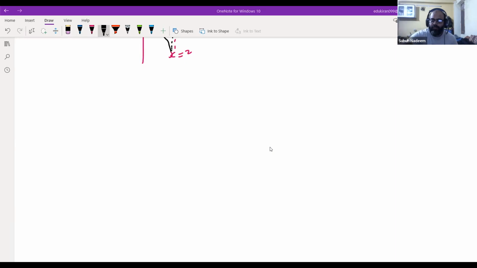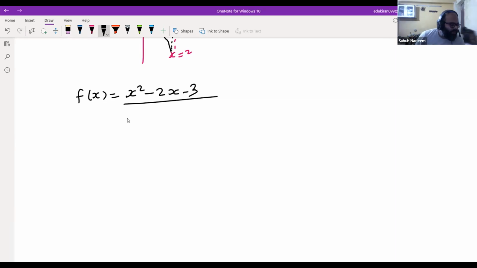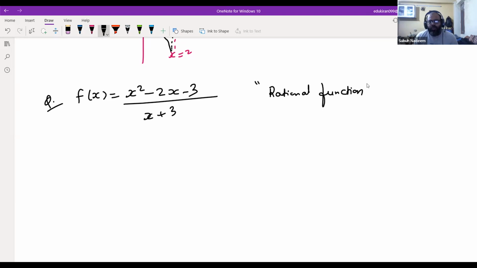Basically, x square minus 2x minus 3 upon x plus 3. Now, where is the function continuous? Since this is a rational function, a polynomial in the numerator and a polynomial in the denominator, it is a rational function.